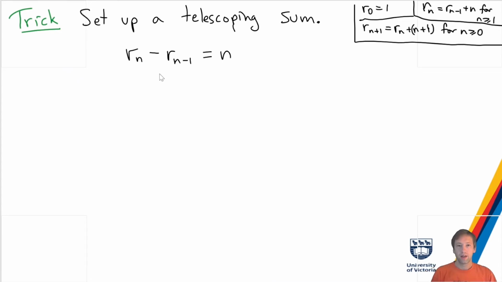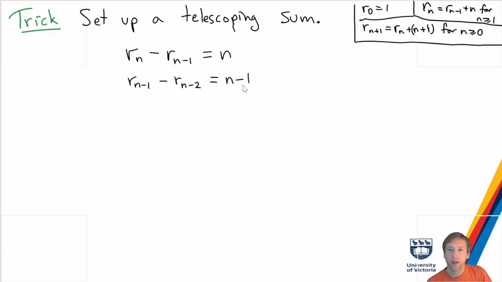Imagine n is some large number. If n is large enough, I can do this again. I can write Rn minus 1 minus Rn minus 2, and the way that the recurrence works is that this should be equal to n minus 1.